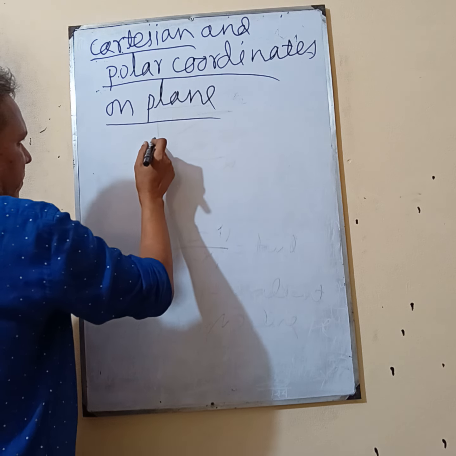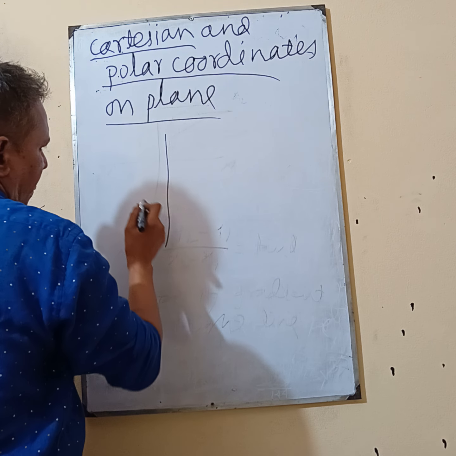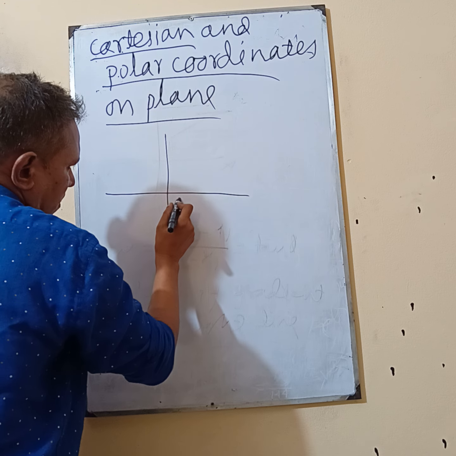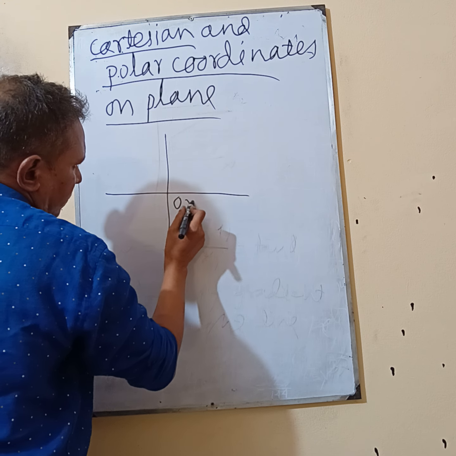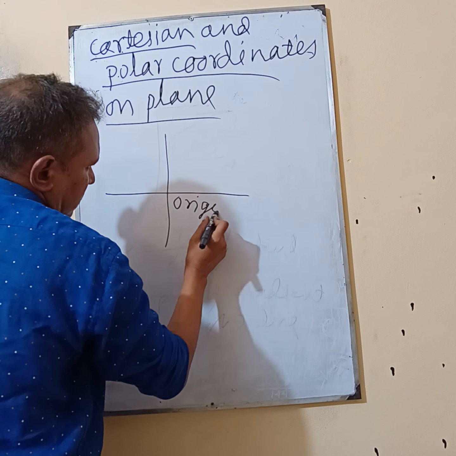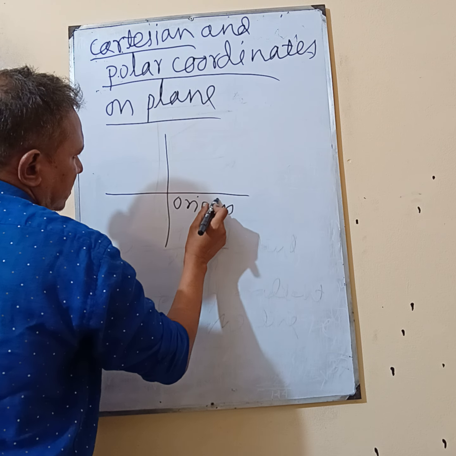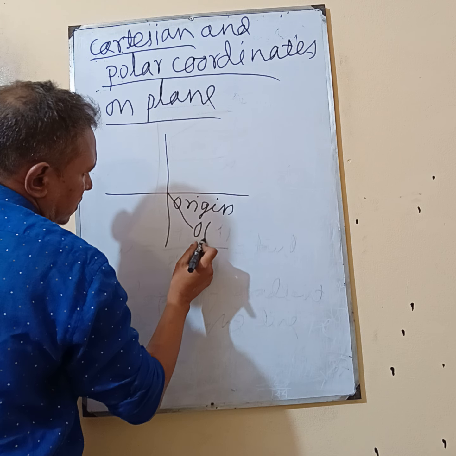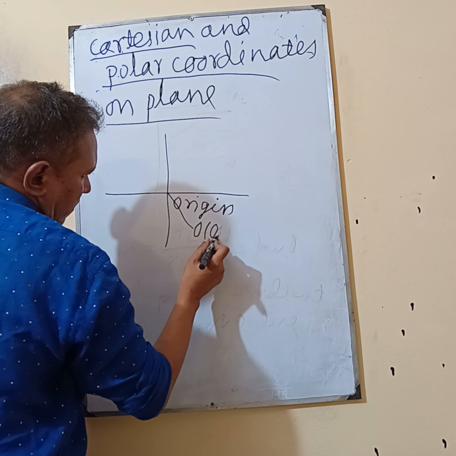In any certain plane, suppose this plane, there is the origin, this point, origin O is equal to (0, 0).